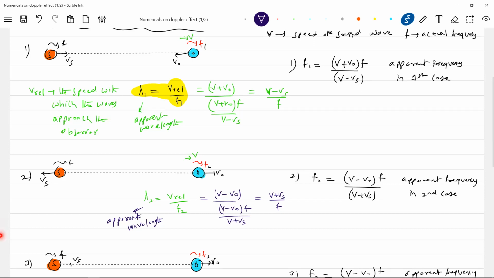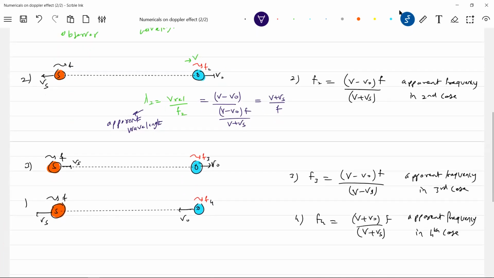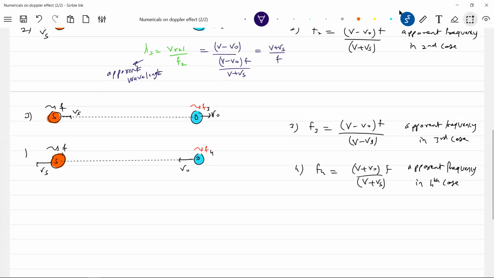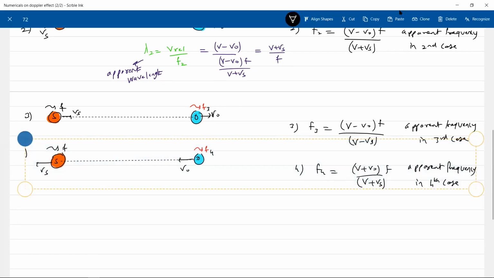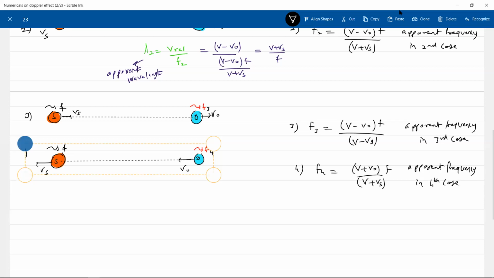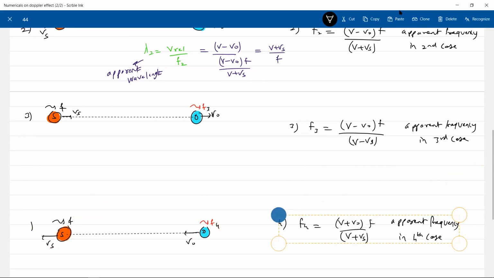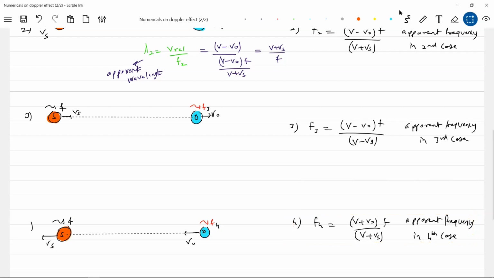Okay, got this. Then again, similarly, for the next case, we'll take it. These are very fundamental. Almost in every numerical, we are going to take help of this situation. What about the lambda 3? In what direction will the wave approach with the speed v like this?